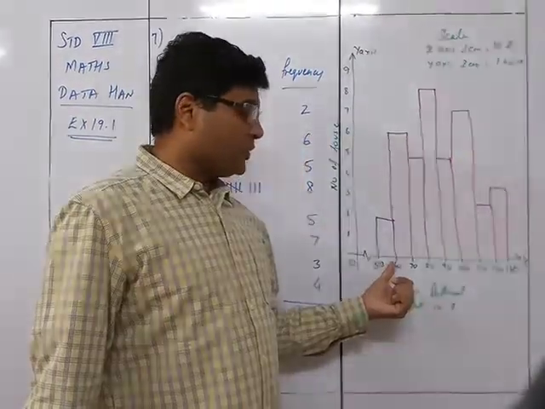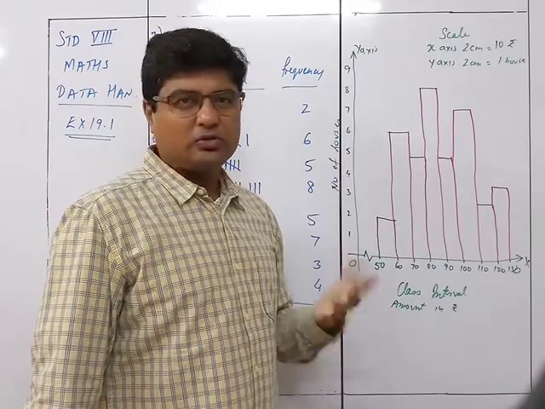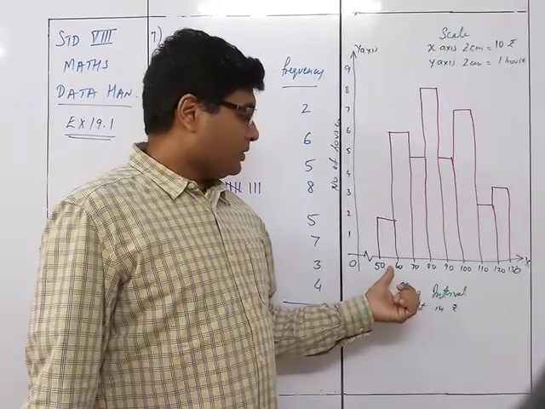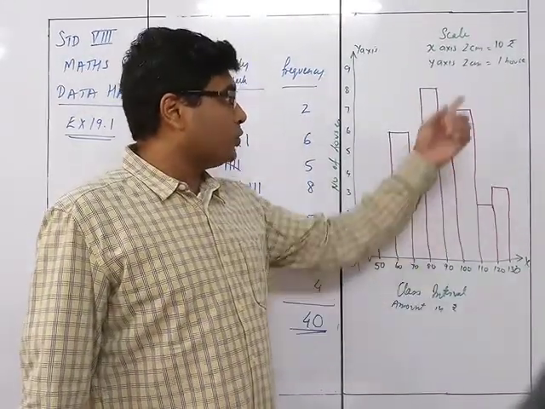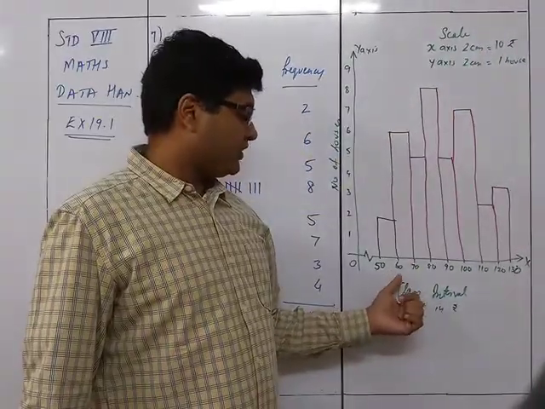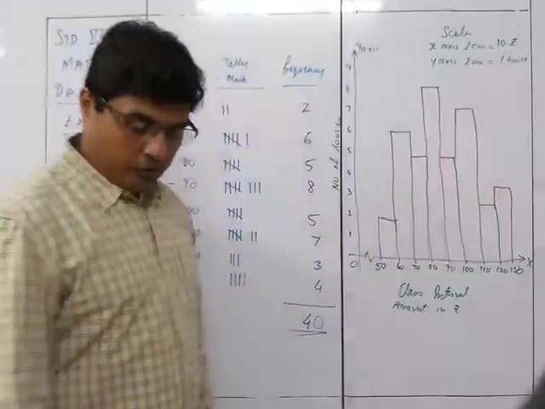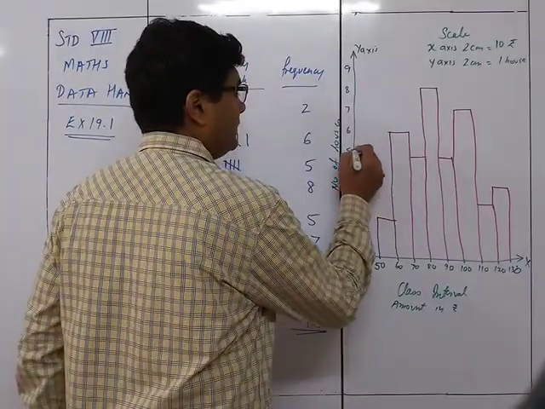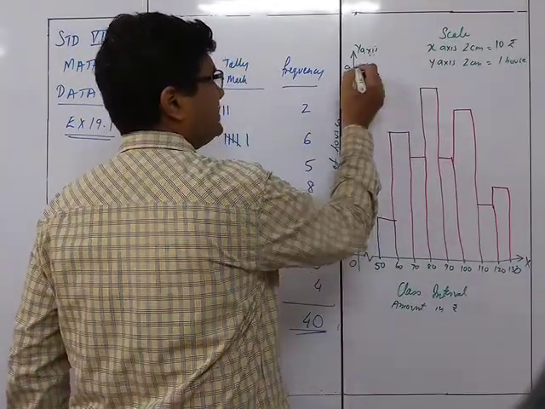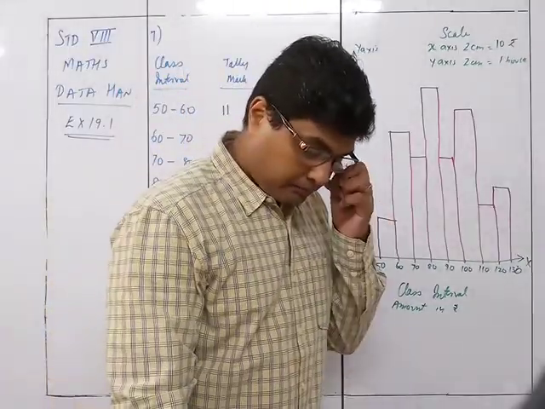They are 2 by 2 graphs. If you are using a 1 by 1 graph, you can take that also, not a problem. So 2 centimeters is equal to 10 rupees, so 50 to 60, 60 to 70 and so on. Whereas 2 centimeters on the y-axis is equal to 1 house. Okay, so this is the required histogram.